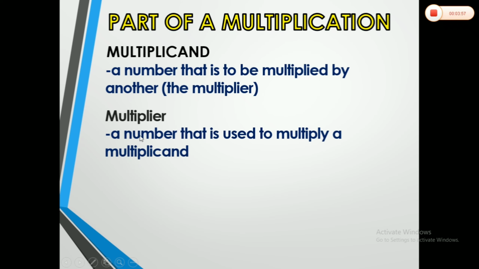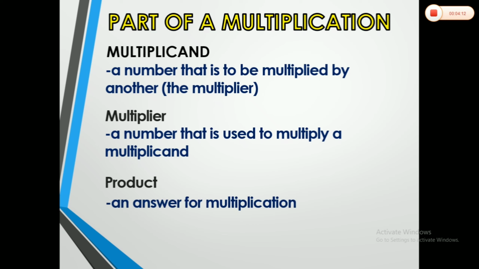Multiplier means a number that is used to multiply a multiplicand. The next one is what we call product. Product means an answer for multiplication.